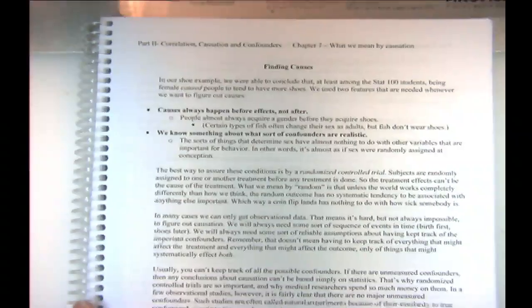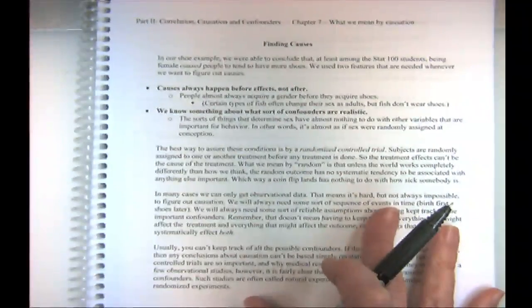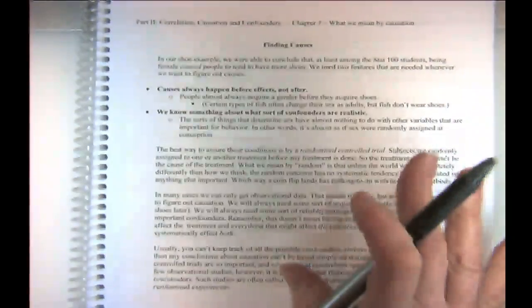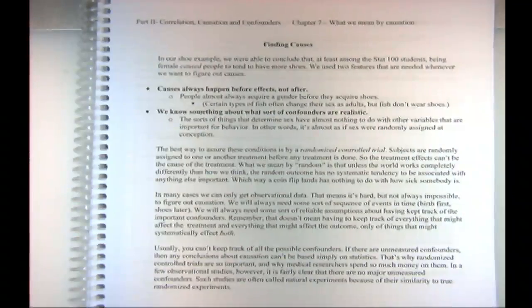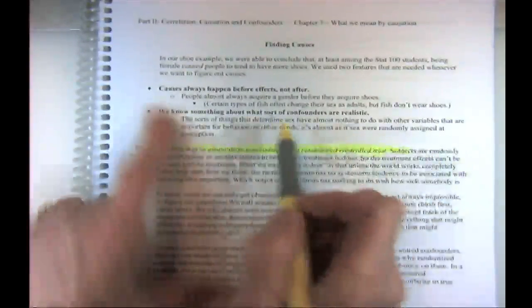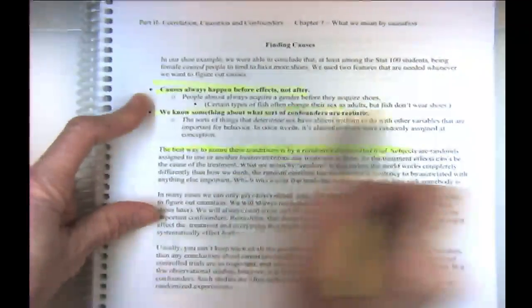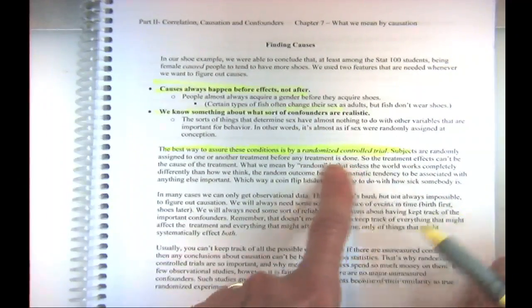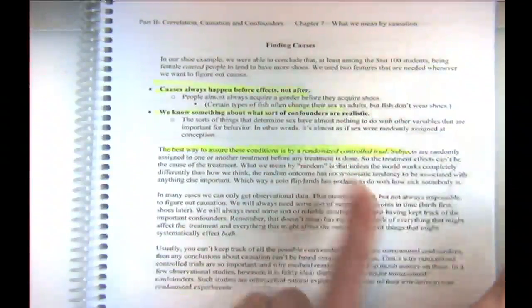Now, finding causes is so important that I want everybody to certainly read this summary. All the summaries are important, and the best way to assure that you can deduce causation is through a randomized controlled trial.